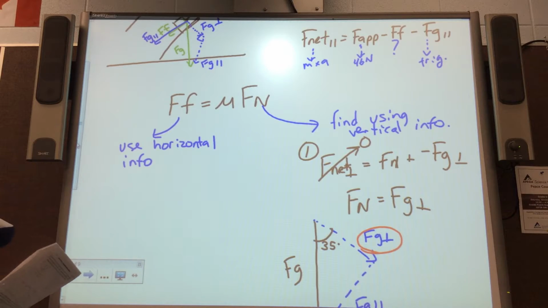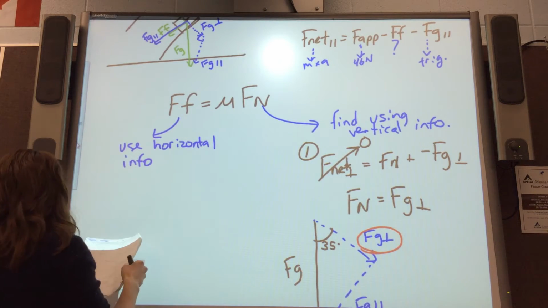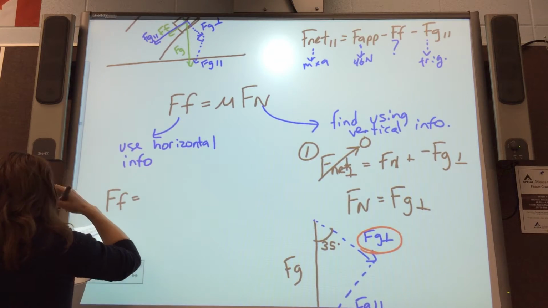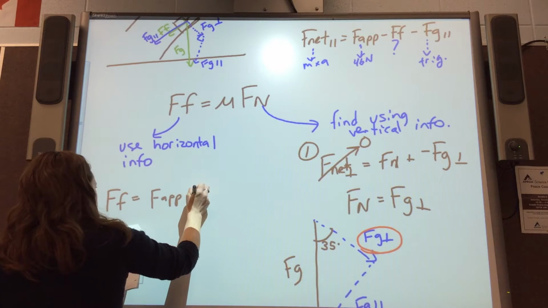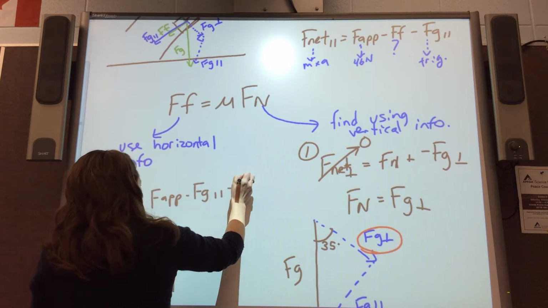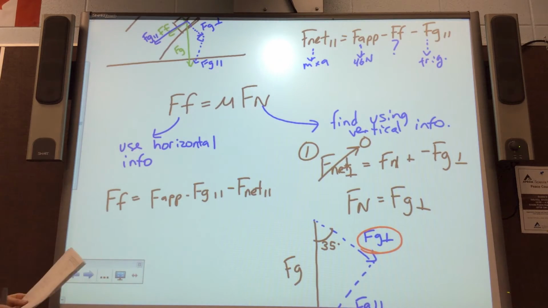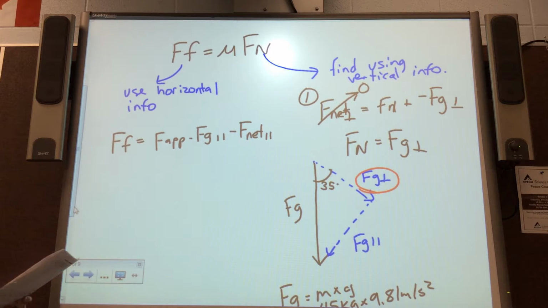Now I need to solve for Ff. So I'm going to use my Fnet equation and rearrange. So my Ff is equal to Fap minus Fg parallel minus Fnet parallel. I just rearranged that equation.